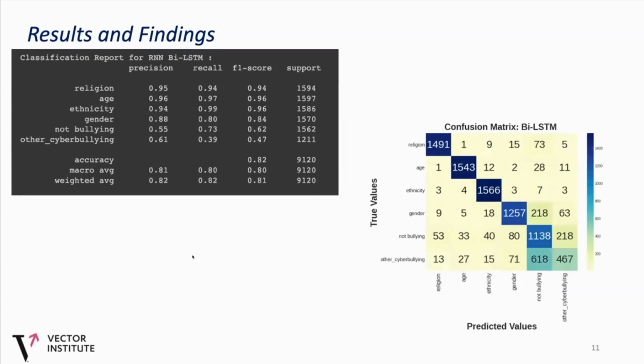Also, for the bidirectional long short-term memory, we had 82% accuracy, which is a little bit less than the logistic regression and the naive Bayes, which was the base model here. This is also explained because my model could not run multiple times, like a lot of epochs.